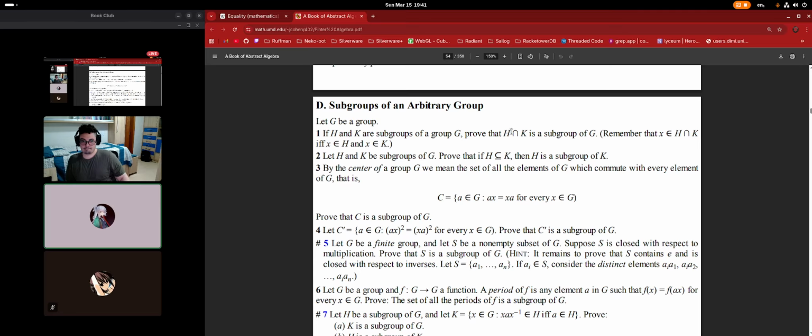Not necessarily. You have to prove that it is a subgroup, that the product of two elements of this intersection does not escape the intersection. Ah, that is the part that you have to prove.